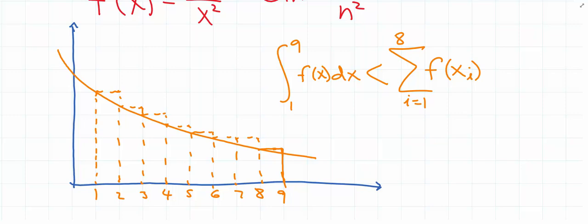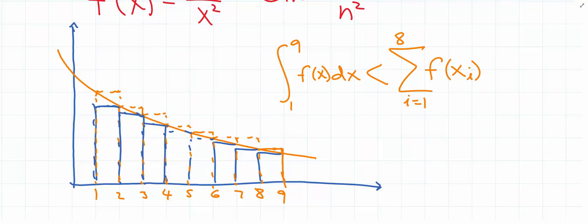In fact, I could do 9 minus 1, which would be easier for me to transition in a minute because I'm going to be more general. But let's suppose that we go the other way and do a right sum. The right sum is in blue. So I've got these blue rectangles. Now, the integral is bigger than that. If I calculate the area of these rectangles, it's going to be less than the area under that curve, definitely.